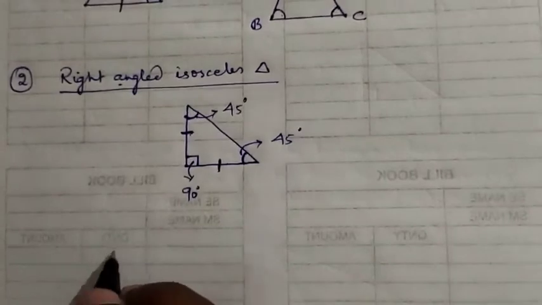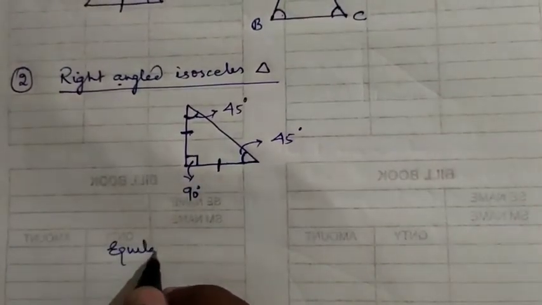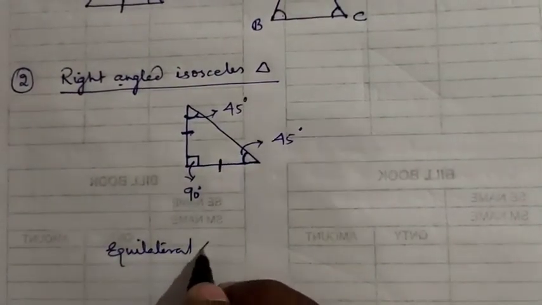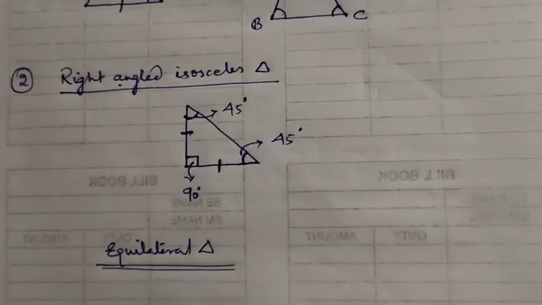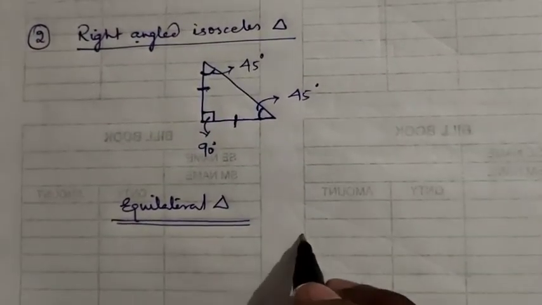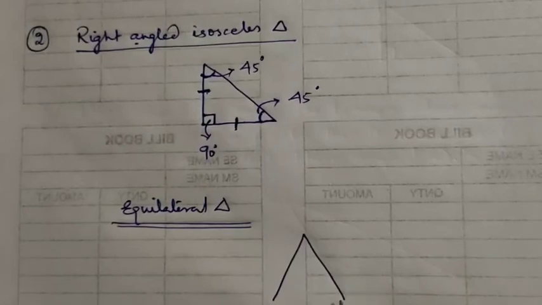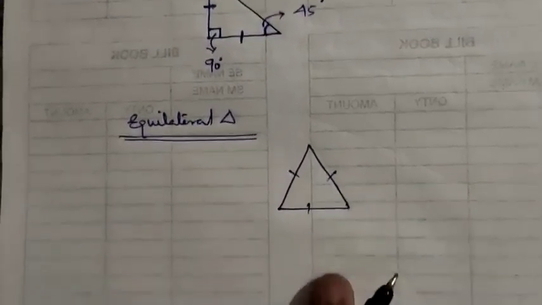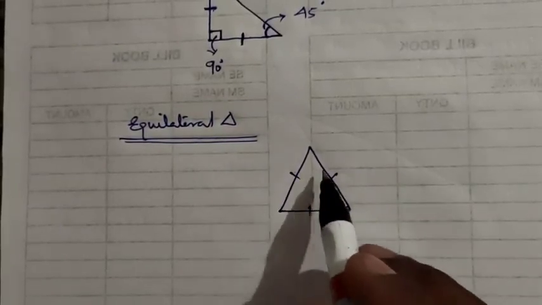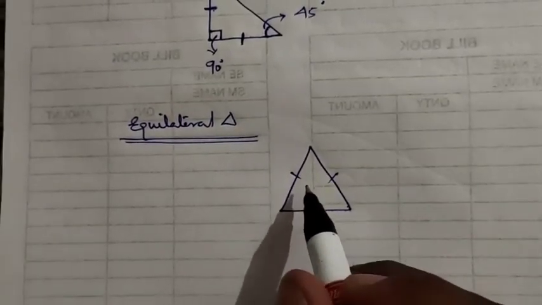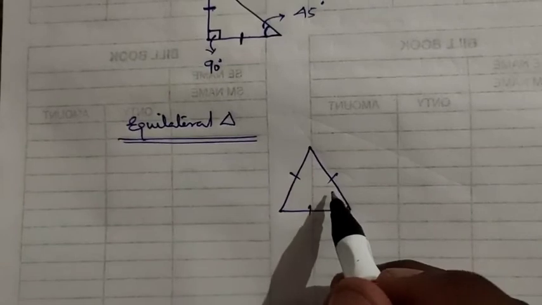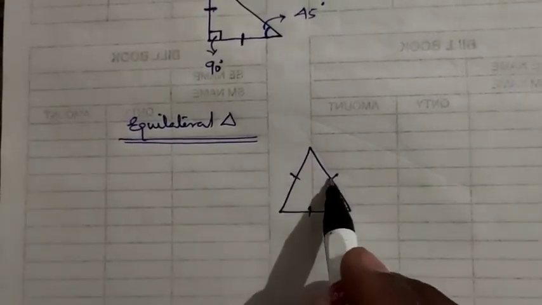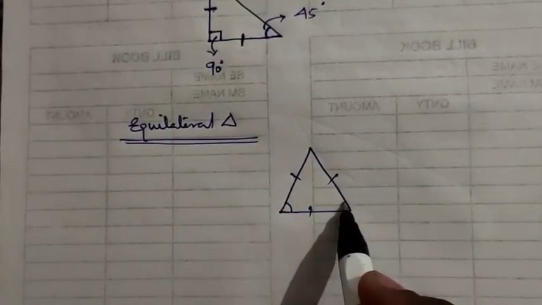Now we will study equilateral triangle. As I have told you, in an equilateral triangle all three sides are equal. If we take the property of isosceles triangle, if these two sides are equal, then these two angles will be equal.